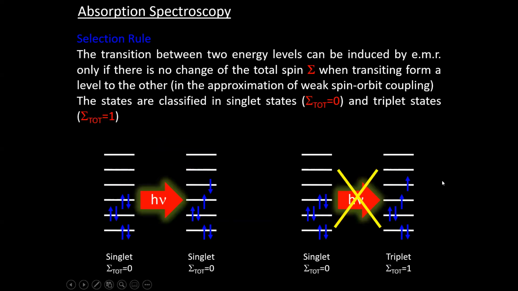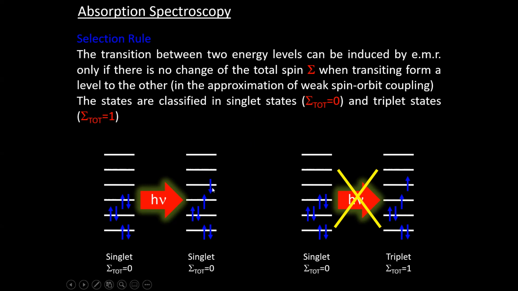Okay? Now, there is another rule that you have to fulfill when you get an excitation of a molecule. The rule is that if you have a molecule in a certain state, by means of light you can excite the molecule. Say, for example, take one electron and bring it to an upper state. So you go to this condition here. An electron is promoted to an upper energy level.